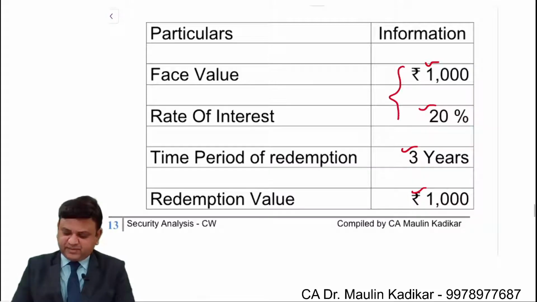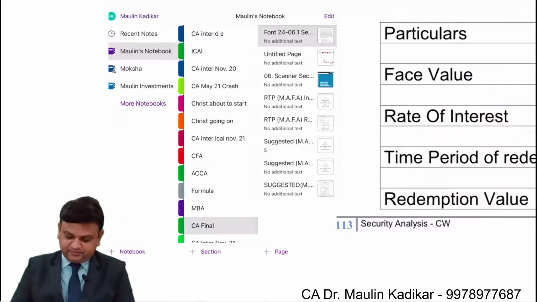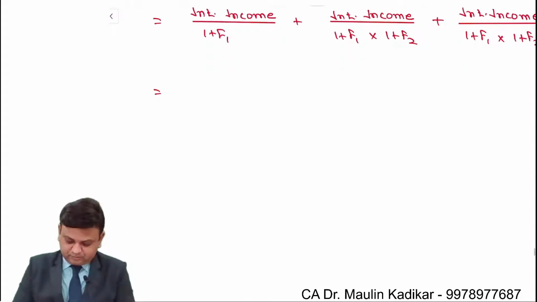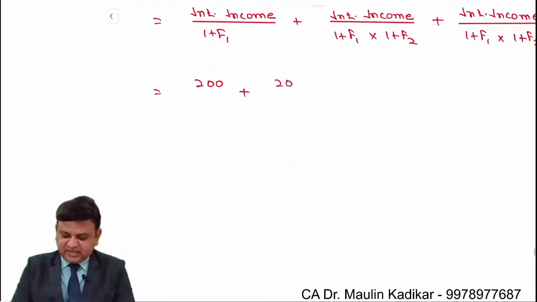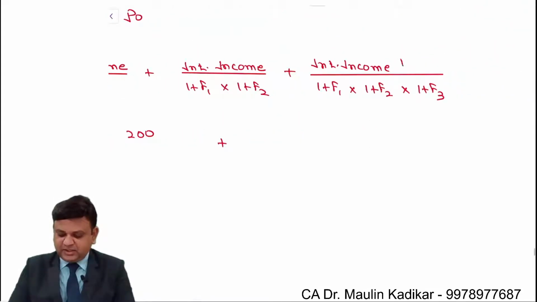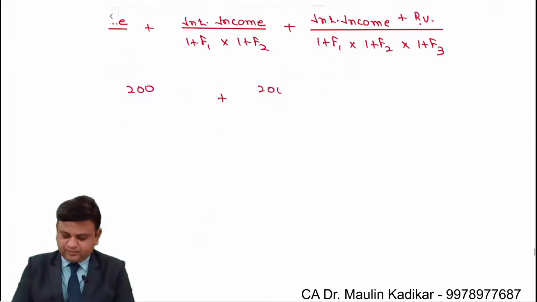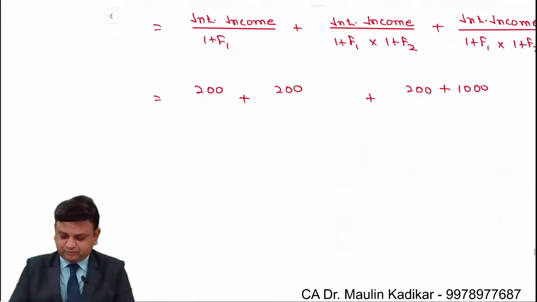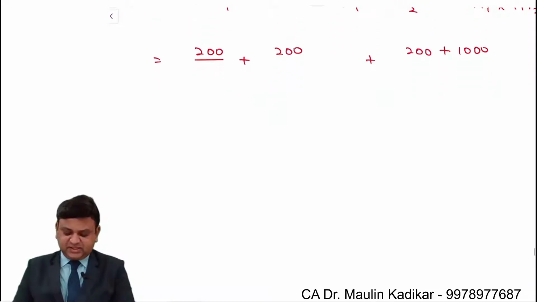$1,000 into 20%, that comes to 200. Second year again 200. Third year interest income plus redemption value, that is 200 plus 1000, divided by, as far as the first year rate is concerned, it is 10%.